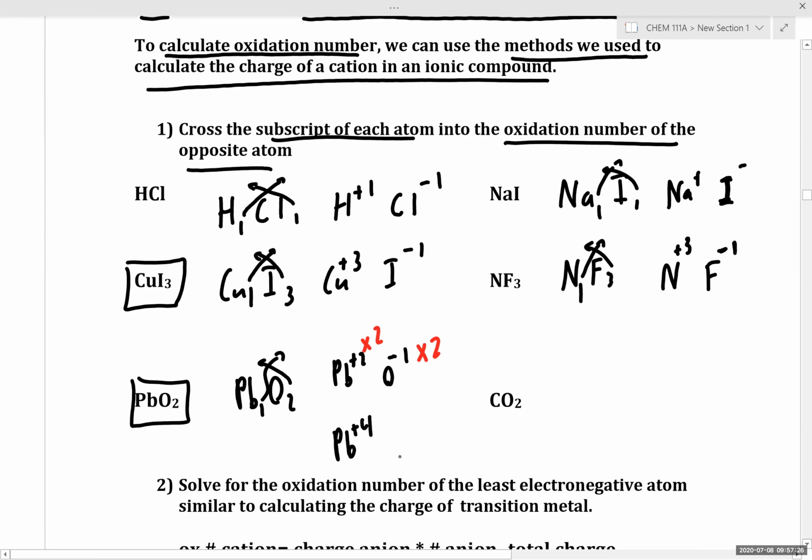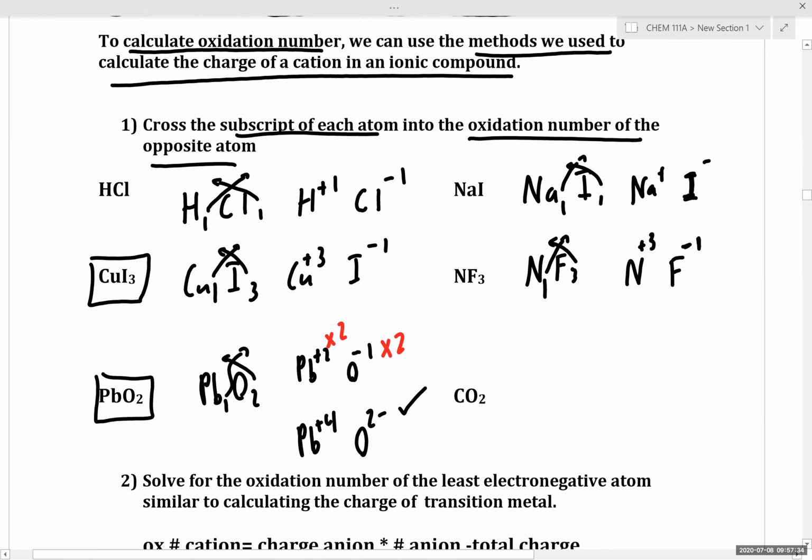That gives us lead +4 and O2-, and now we're matching the literature and common charge preferences and oxidation number preferences for oxygen. So looking at carbon dioxide, let's take about a minute, and I'd like you to propose the oxidation number of carbon and oxygen in carbon dioxide.